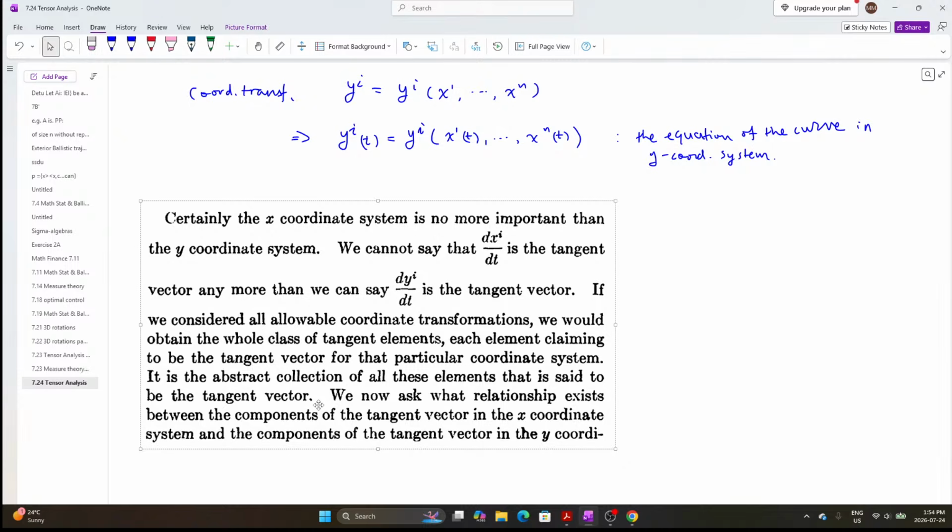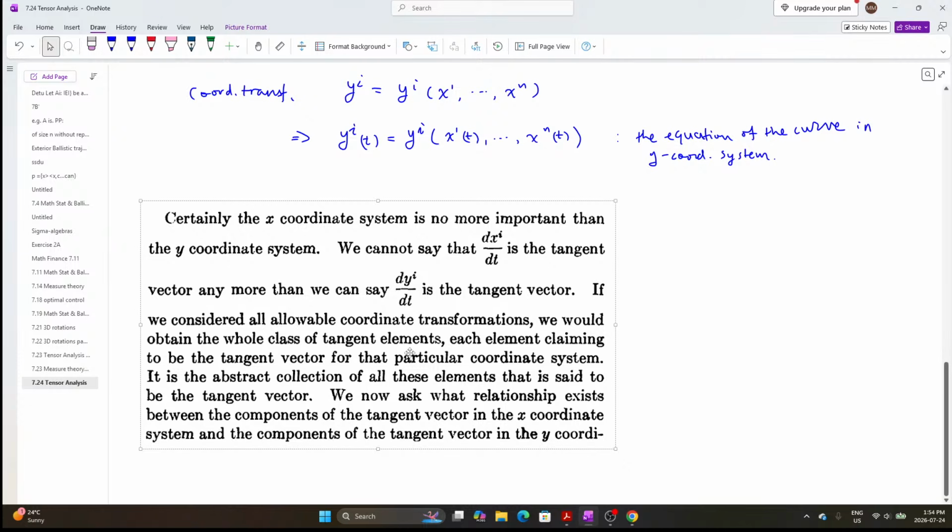So the thing is, if we define a geometric concept like a vector using a coordinate system, in order to be fair, we really are talking about a whole class of coordinate representations. Guys, sorry, I'm losing my voice. I don't know why. But anyway, this is the dilemma we're facing here, right?